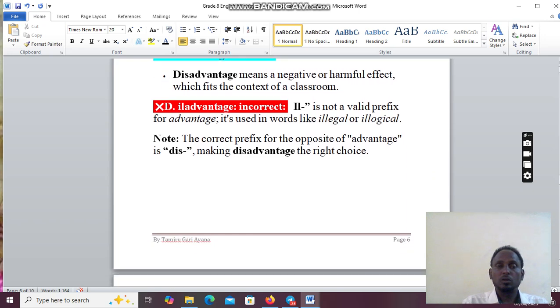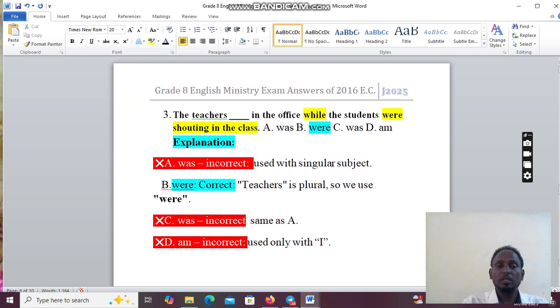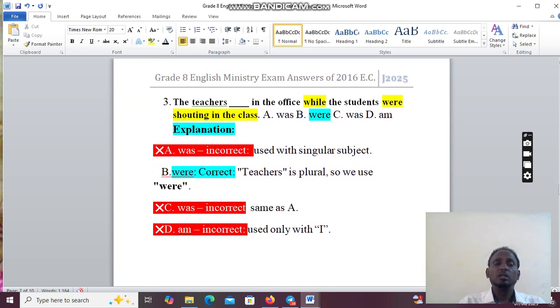And so that is it for number 2. When we come to number 3, the teacher's blank in the office while the students were shouting in the class. Where shouting in the class is a keyword and while is also a keyword.